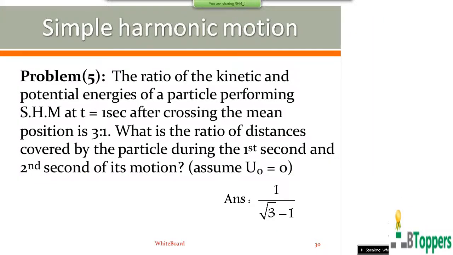So for the problem 5, which I have just discussed, the answer will be 1 by root 3 minus 1. So next I am going to discuss some special cases. In simple harmonic motion, you find a number of questions and problems based on these special cases in different books, including some of the cases may be given even in regular board textbooks.